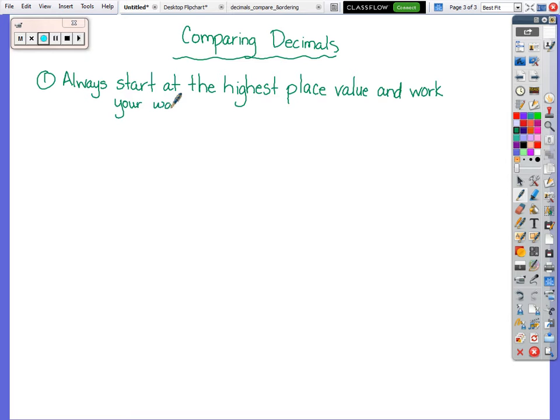So if I have the number 523 and 18 hundredths, I'm going to start here. And let's say I have 525 and 18 hundredths. I start at my 5, comparing those, and then I go to the next number. Still the same. Then I go to the next number, and that's when I see my 5 is bigger. So 525 and 18 hundredths would be greater than 523 and 18 hundredths.